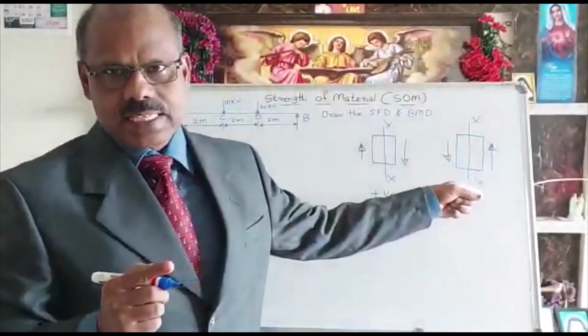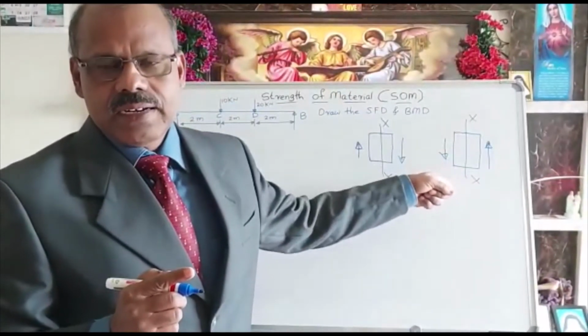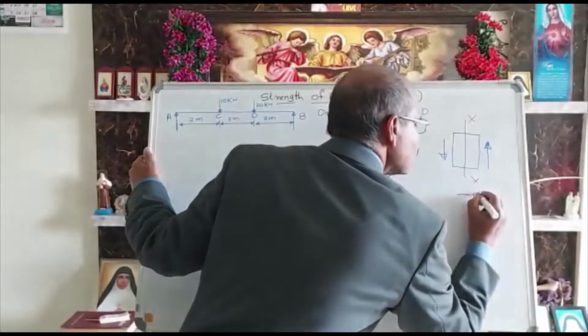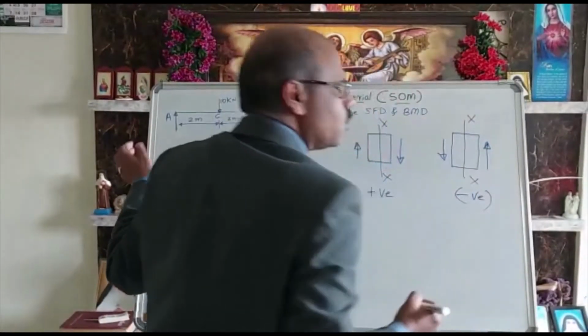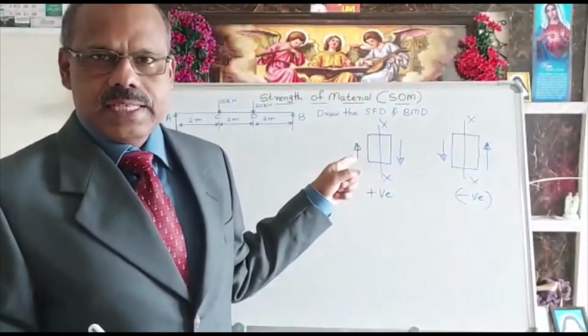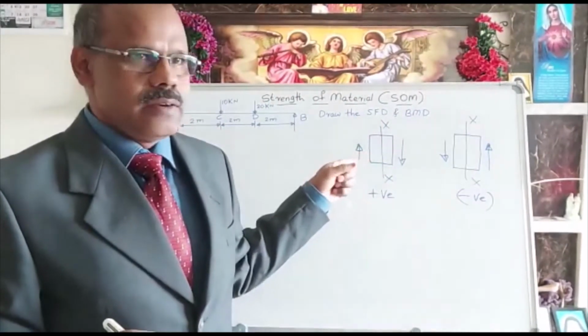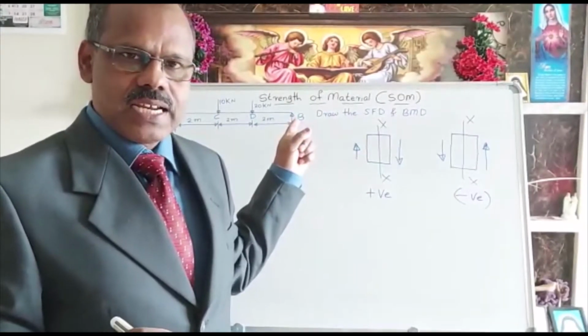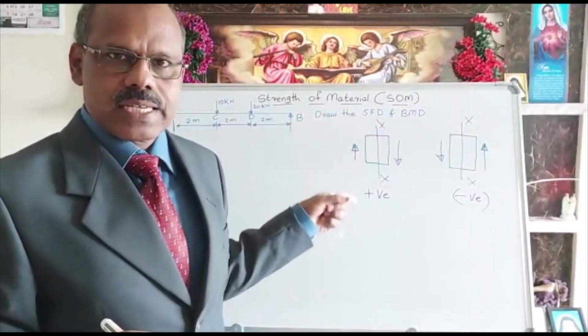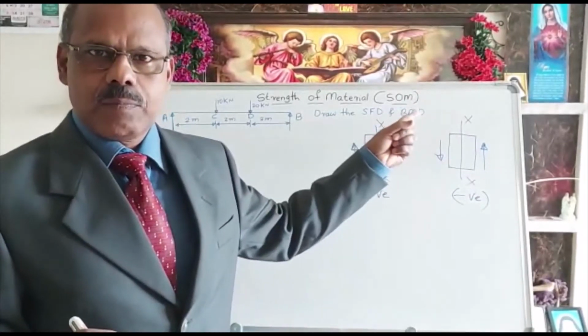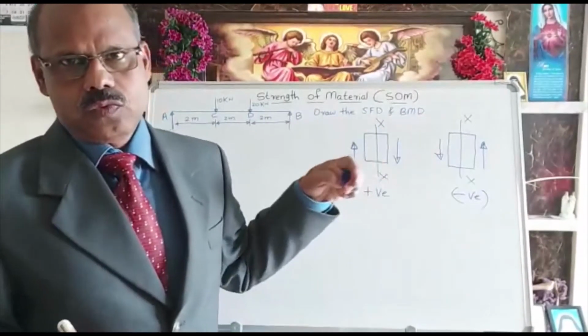If it is this case, then we will take this as negative. So in this shear force resolution, force at the left side up and right side down is taken as positive, and left side down and right side up is taken as negative.